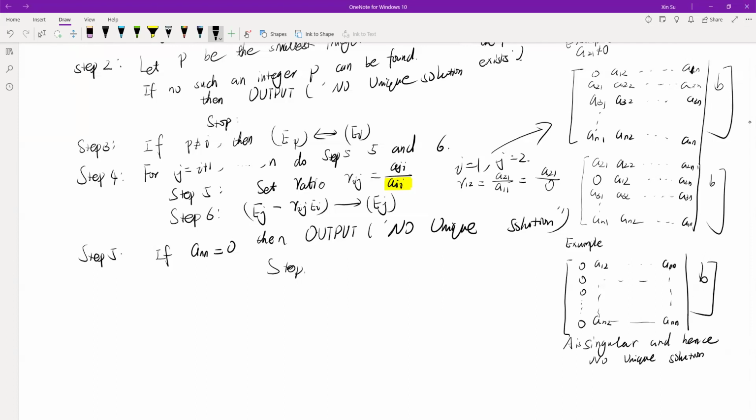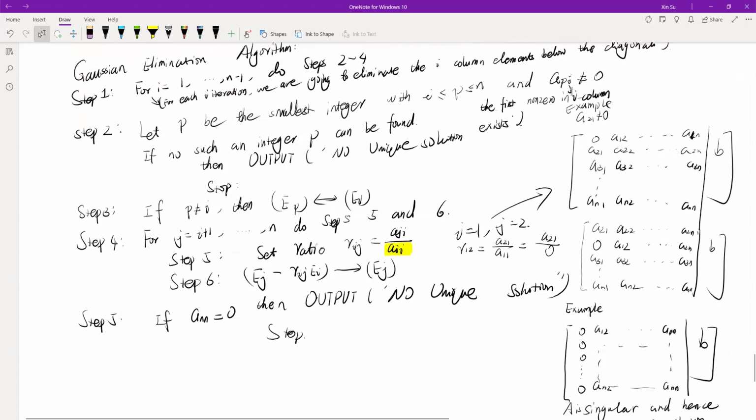Does that make sense? For step 2, there's one outsider, the P. We cannot find such a P, which means that all these numbers from index I to N are all 0.